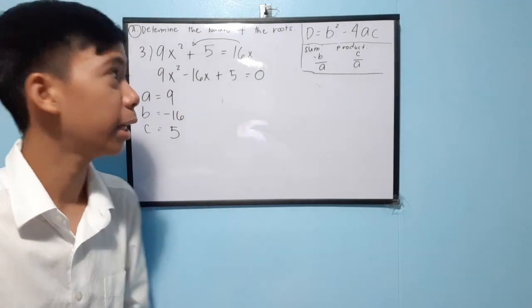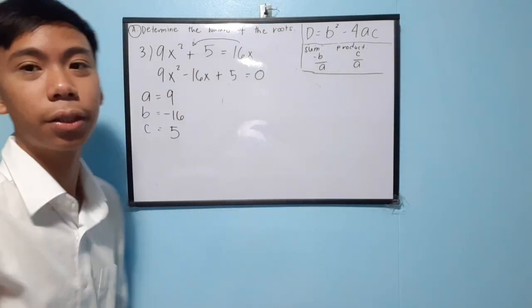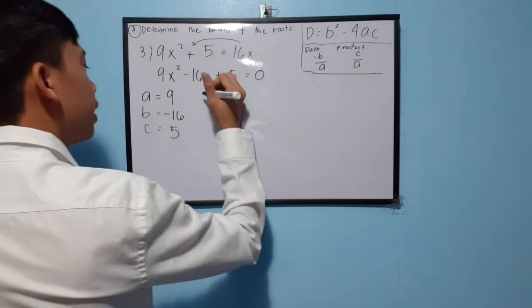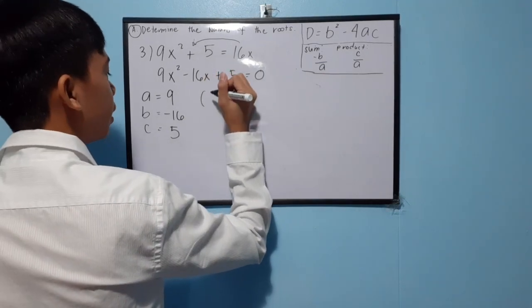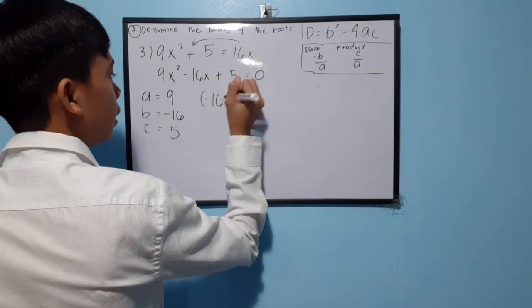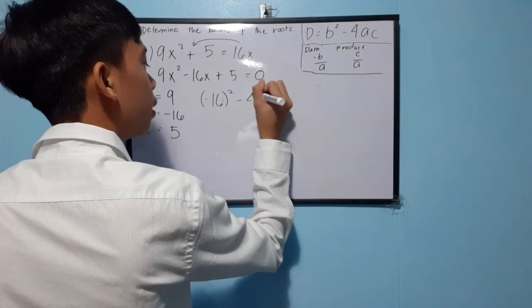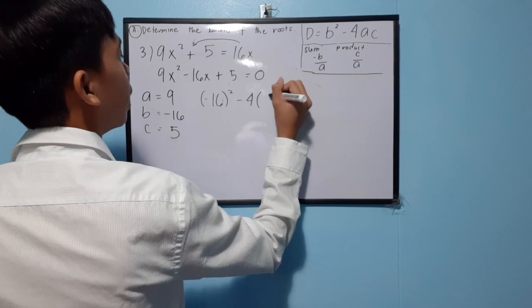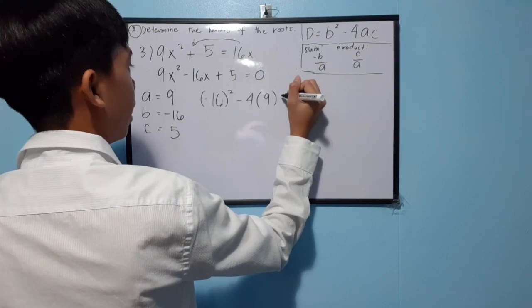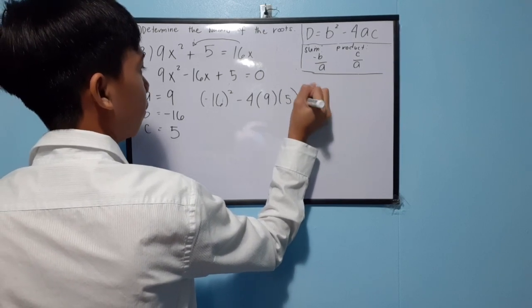Now let's use again this formula for the discriminant. So B is negative 16, minus 4, 9, and 5.